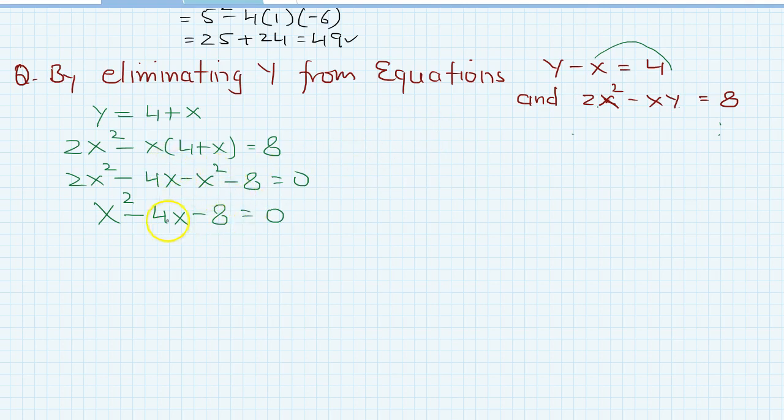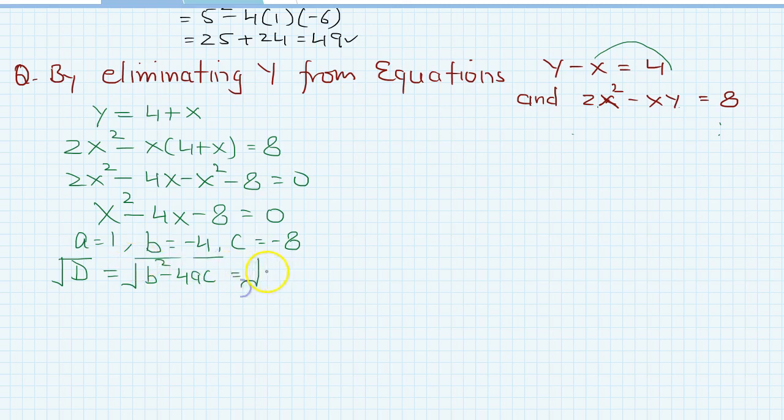So factors of 4 to get 8, that is 4 times 2 is 8. That will not work. So here a is equal to 1, b is equal to minus 4, c is equal to minus 8, and root d is root of b square minus 4ac. So that is root of minus 4 square minus 4, a is 1, c is minus 8.